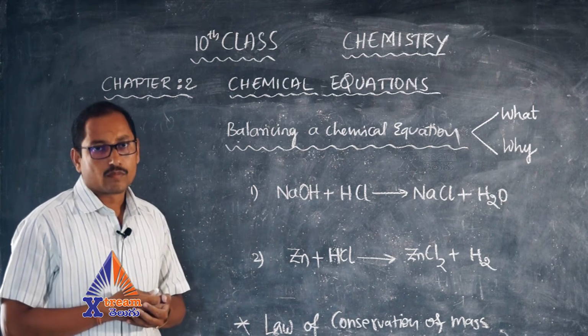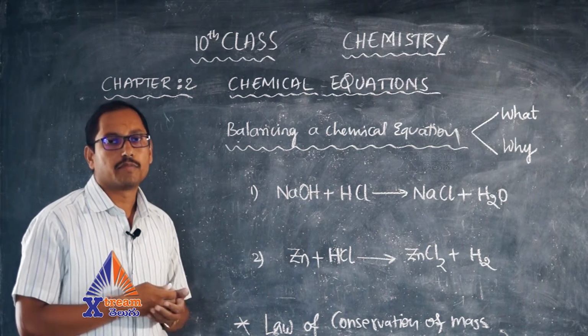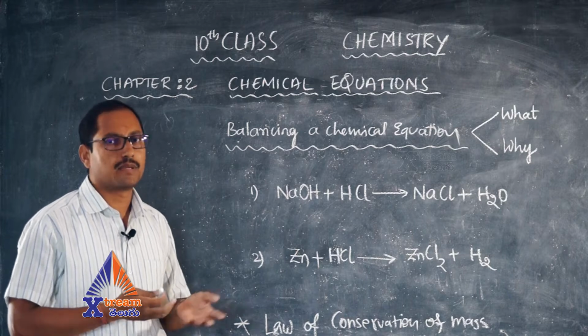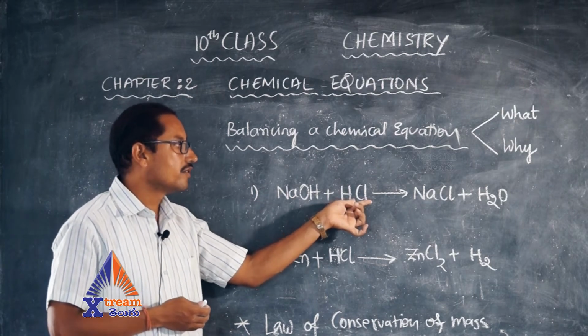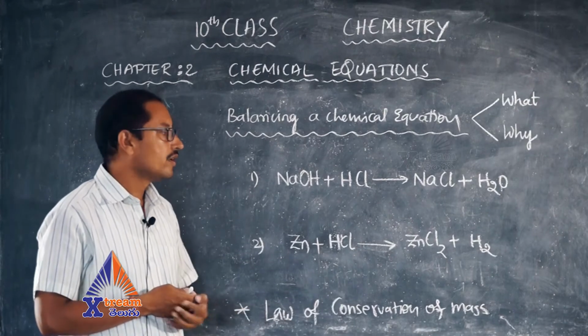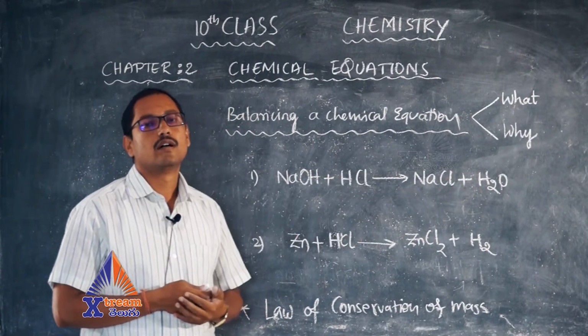Here the mechanism behind the chemical equation is also far simple. Na reacts with Cl to give NaCl, OH reacts with this H to give us H2O.